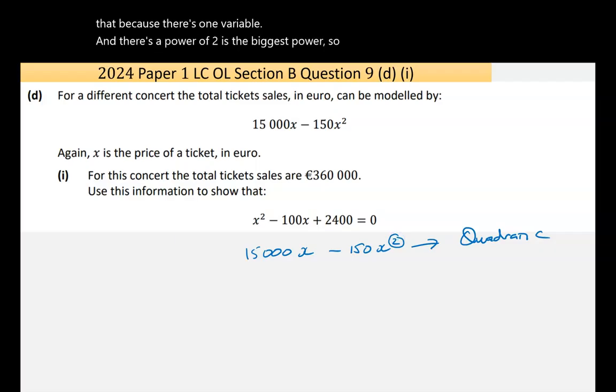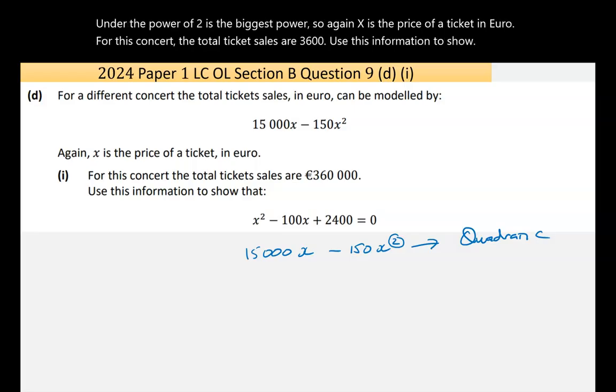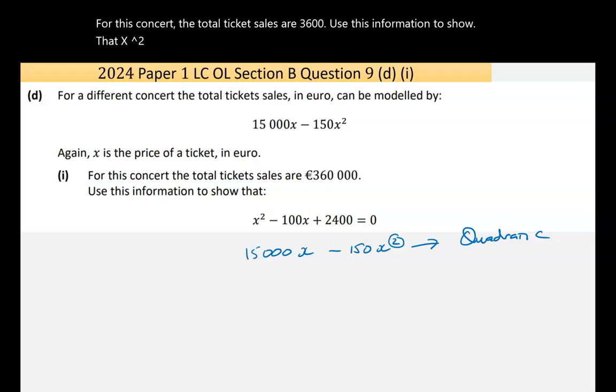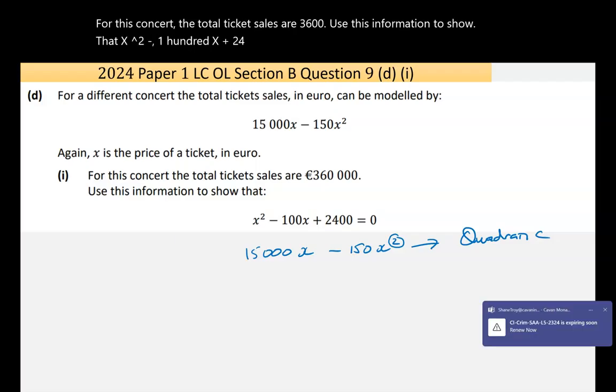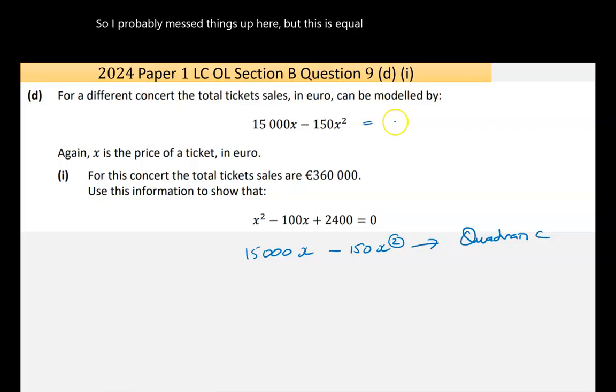So again, x is the price of a ticket in euro. For this concert, the total ticket sales are 36,000. Use this information to show that x squared minus 100x plus 2400 equals 0. So I probably messed things up here, but this is equal to the total sales. We're just not told that.